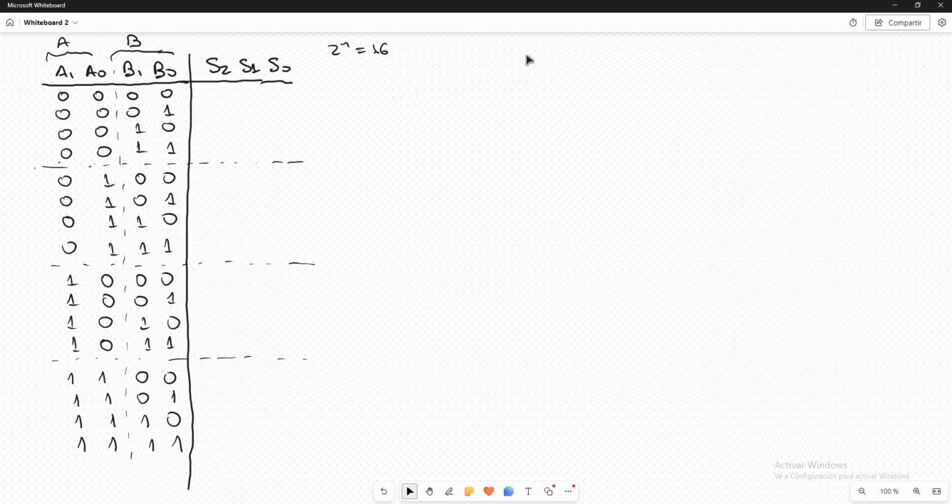So in the first row we have 0 plus 0 is 0. I suggest you draw these lines because it helps you to build the truth table.